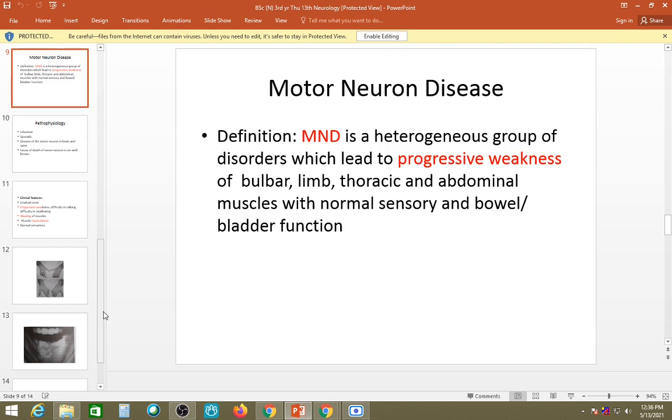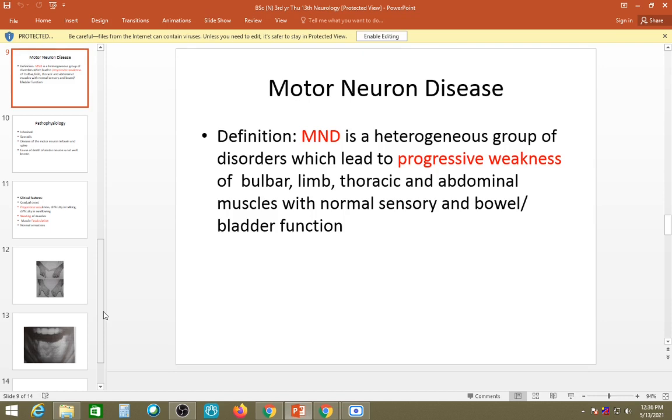So it does not cure the disease, it delays the dependency on ventilator, but Riluzole will not cure motor neuron disease. No definite cure is there, although much research has been done with stem cell transplant and other things, but we do not have any guidelines or approved therapy for cure of motor neuron disease.